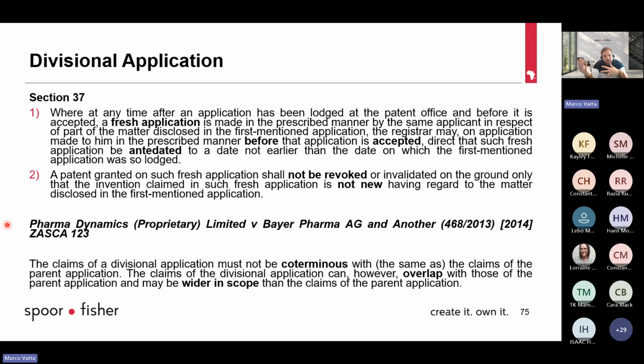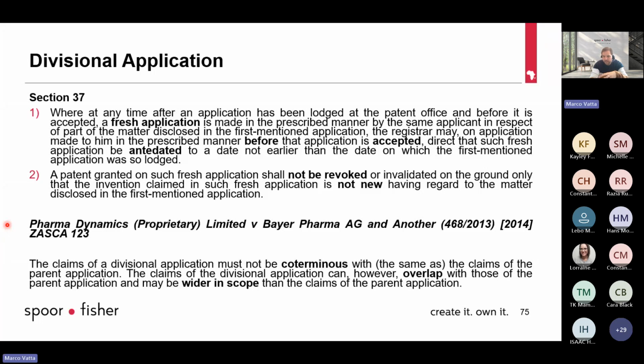And in that way, you are also not extending the duration of your monopoly. It will still be a 20-year monopoly from the first filing date of the parent application. So their terms will run concurrently with one another, and both patents will expire on the same day.